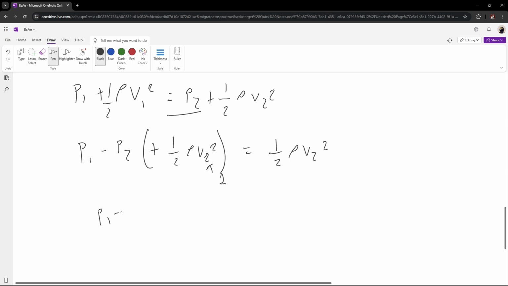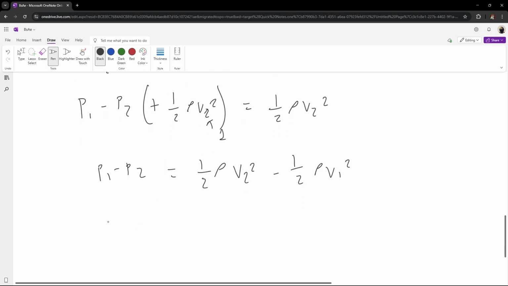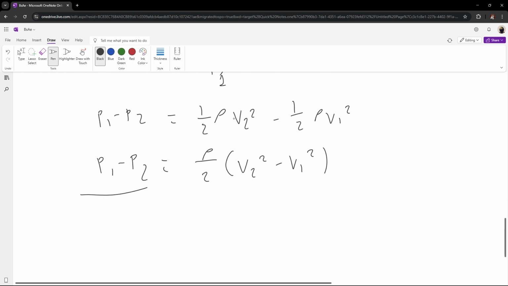We get P1 minus P2 is equal to 1/2 rho V2 squared minus 1/2 rho V1 squared. We can further simplify this as rho over 2 times V2 squared minus V1 squared, which is equal to P1 minus P2, the pressure differential that we need. Again, by algebra, we can simplify because this and this is a constant.